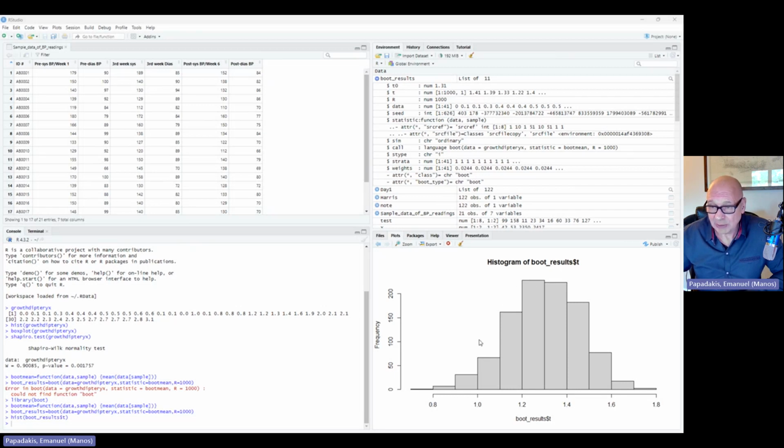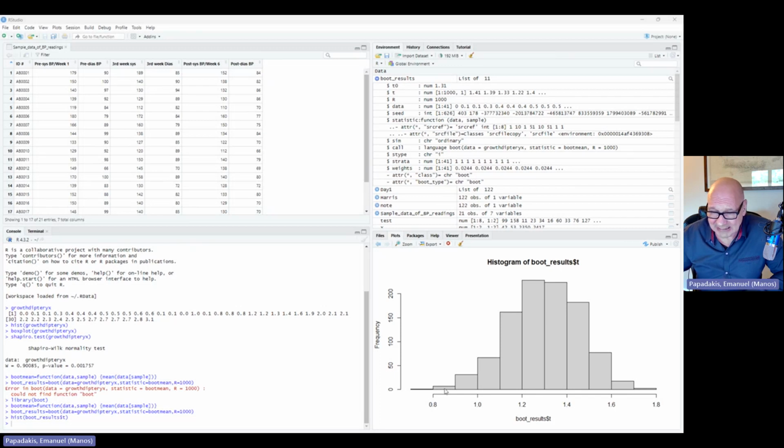Now, what we do is that we will do the so-called parametric bootstrap interval estimation. So we look here, and the height of each one of these rectangles represents relative frequency. Basically, it's frequency divided by the total number of the samples. I have 1,000. So if you divide these numbers by 1,000, you will see the relative frequency.